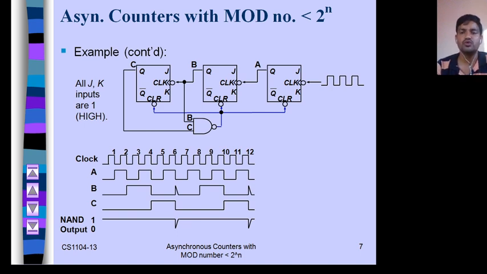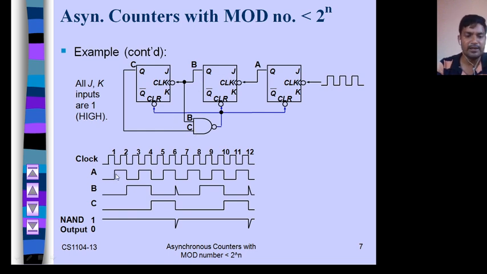So you have to remember, in case of mod 6, just determine the binary equivalent of 6. 6 is 1 1 0, so connect the inputs of the NAND gate to those flip-flop outputs where the output is high.